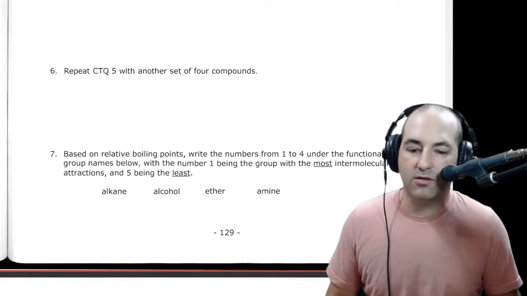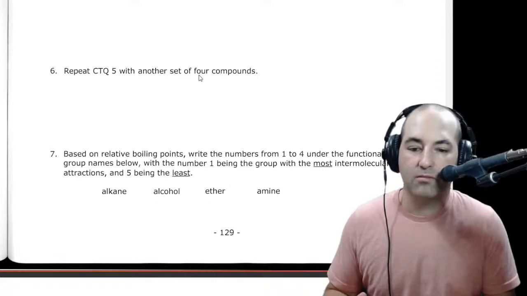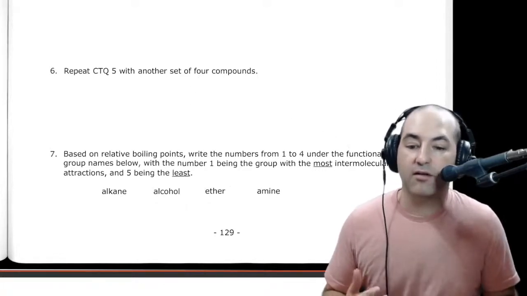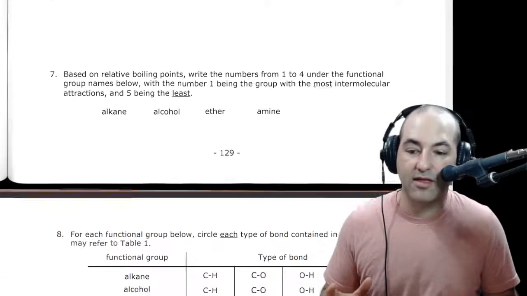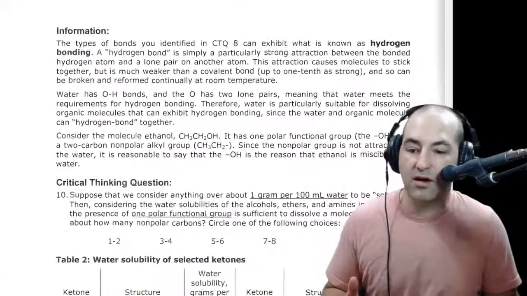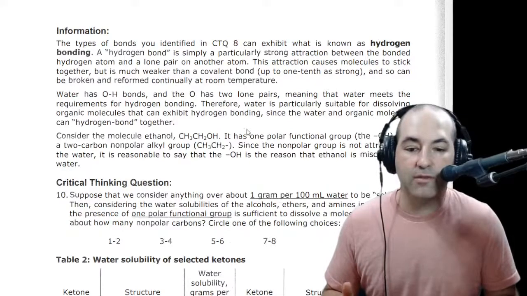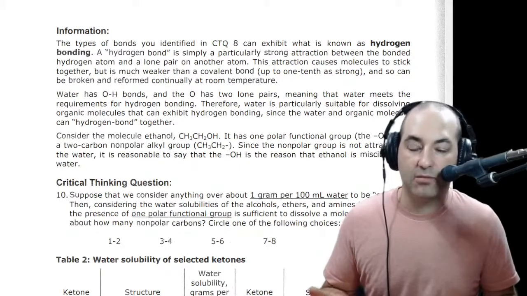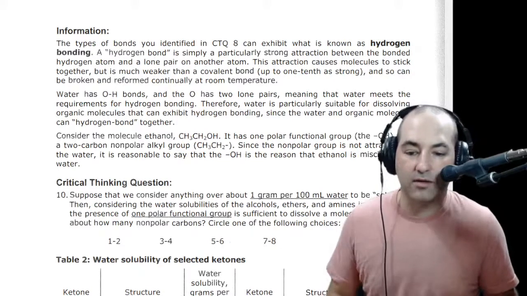Much like the other packets like this, you're going through and making some conclusions and trying to figure out what is going on based on the data in the table. Once you get down to here, you get a little bit more detailed information about what's really going on, and some of those other readings that I linked on Blackboard will help you with that as well.